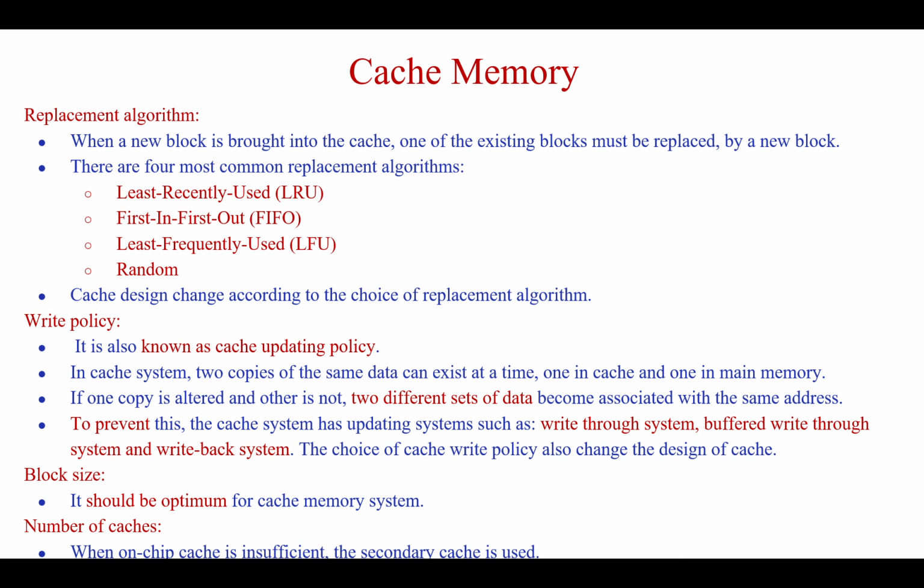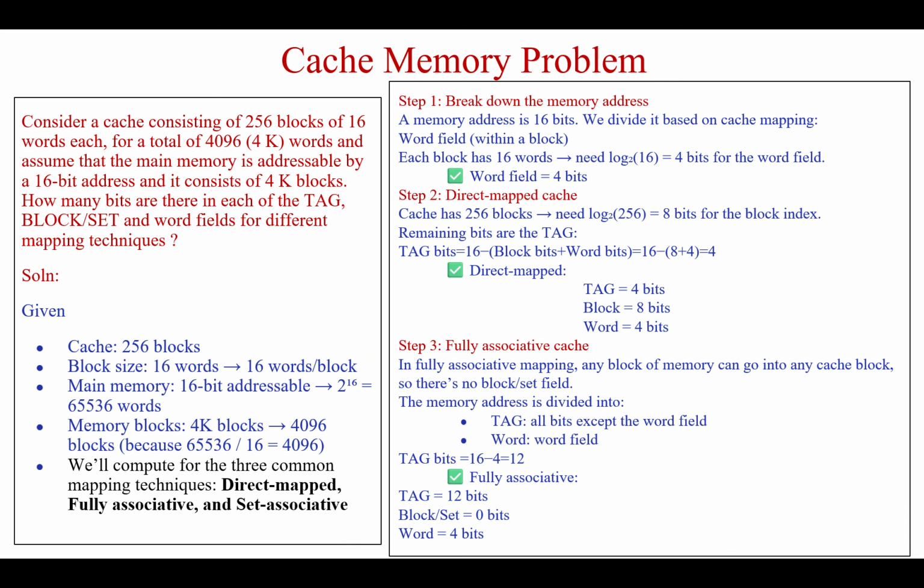To prevent this, the cache system has write-through, buffered write-through, and write-back policies. By using these policies, the cache memory content is properly updated in the main memory also. Then block size should be optimum for the cache memory system, and for the number of caches, when the on-chip cache is inefficient, a secondary cache is used.